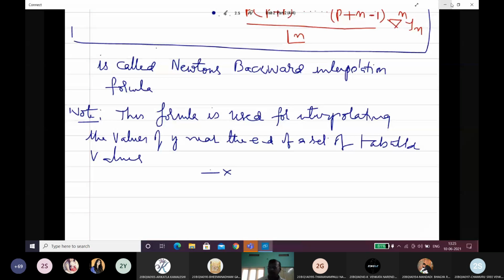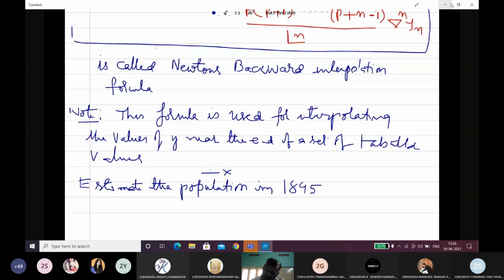Note the question: estimate the population in 1895 and 1925 by using the following statistics.